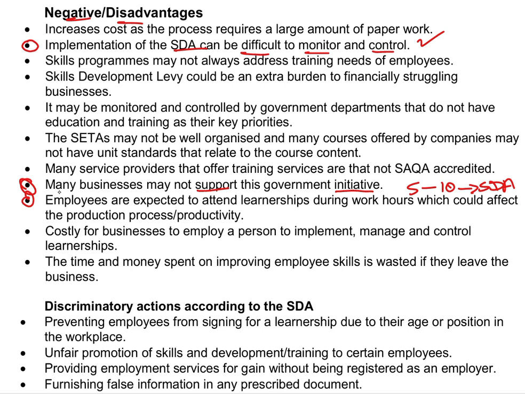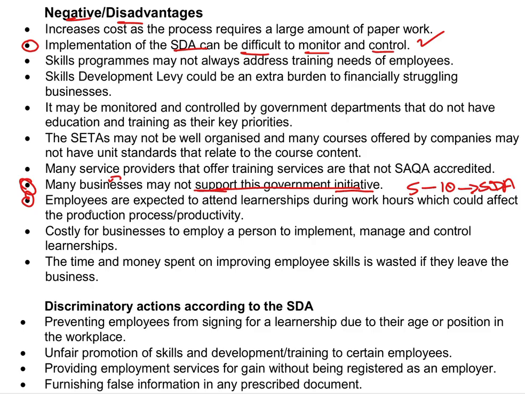Even if you say many businesses or companies may not support this government initiative, you will be marked correct, because it's difficult for you learners to quote the keywords. Even if you turn it to companies, you will still be correct. They don't want you to bring your own things, out of context and stuff.